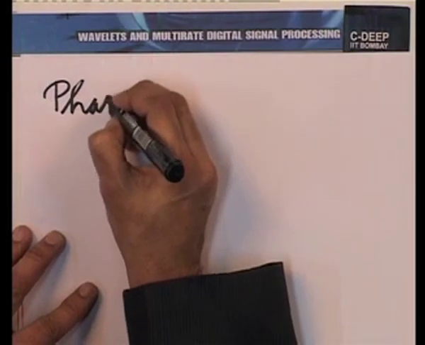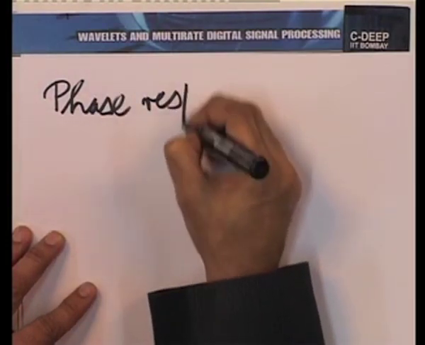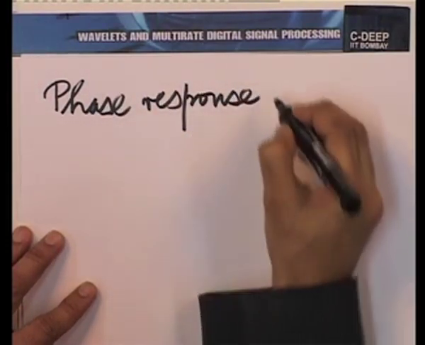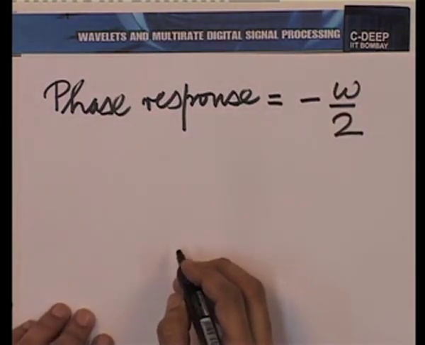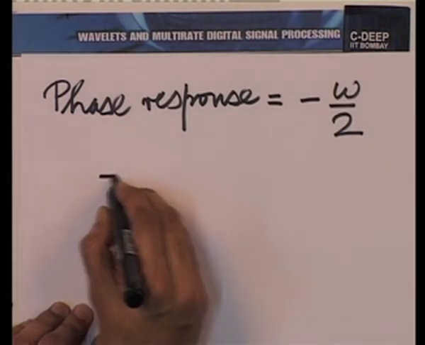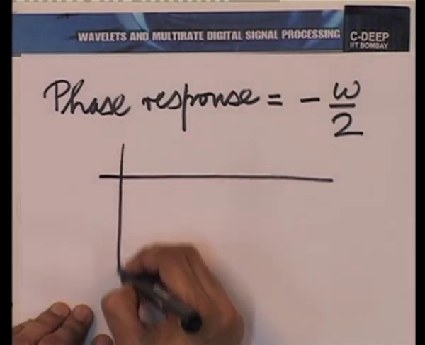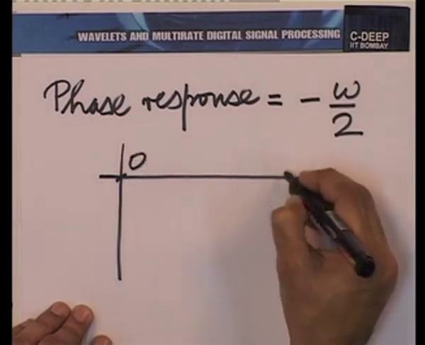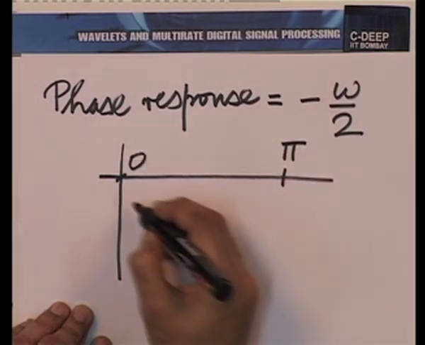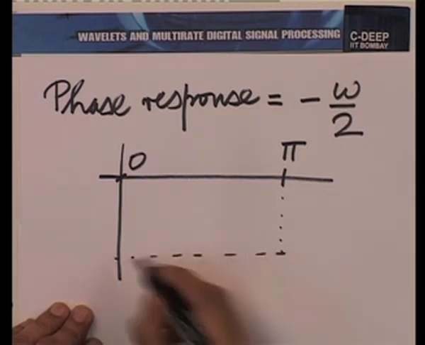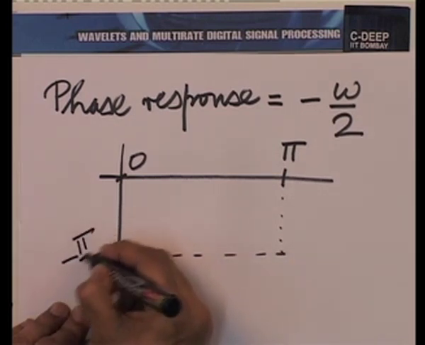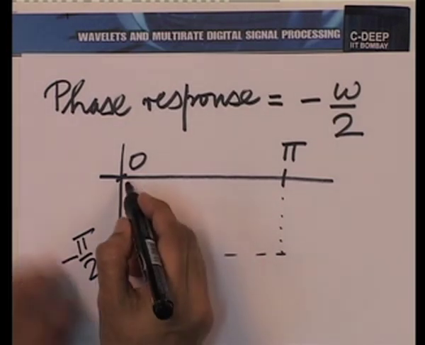So, the phase response of this filter is as follows. The phase response, as we noted, was minus omega by 2. So, in the region from 0 to pi, at pi it would of course take on the value of minus pi by 2, and this is a straight line.